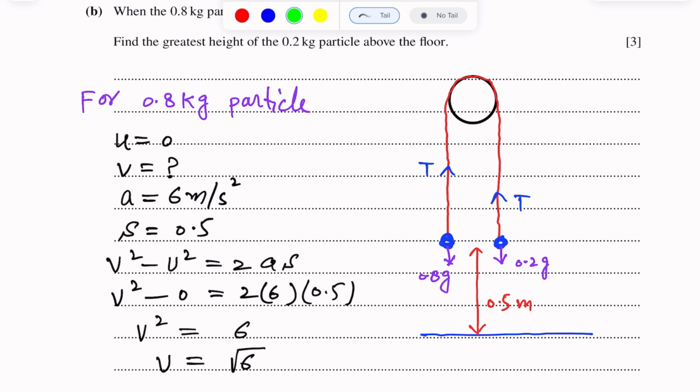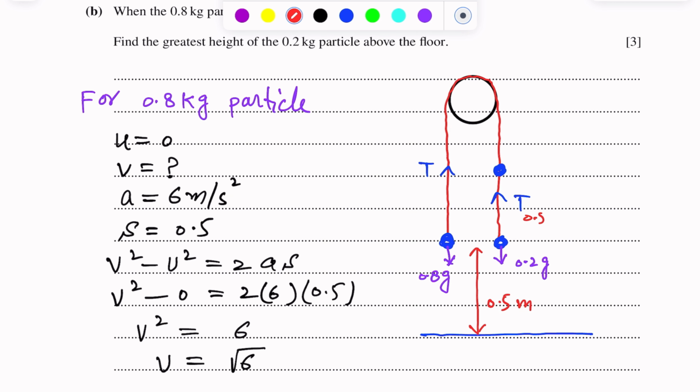It reaches this position. This distance is same as this distance. The 0.8 kg mass covers this 0.5 meter, and the 0.2 kg mass covers this distance, which is also the same 0.5 meter.